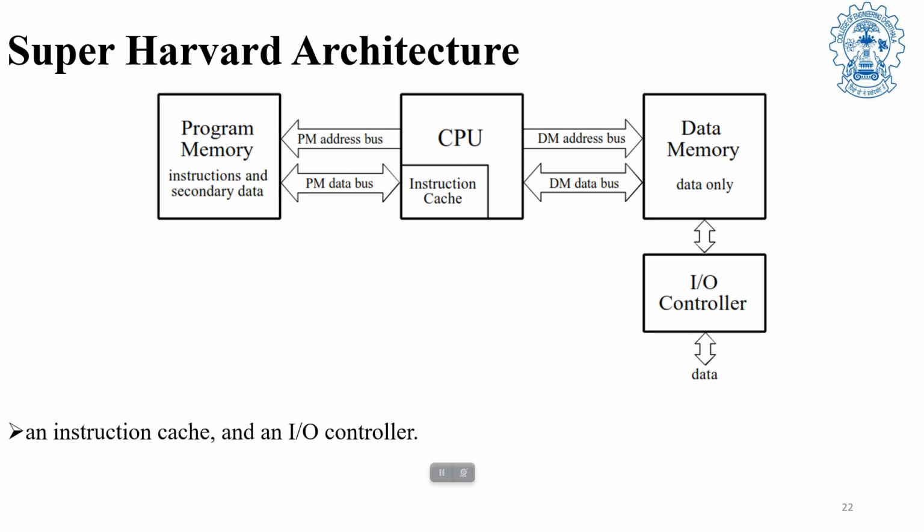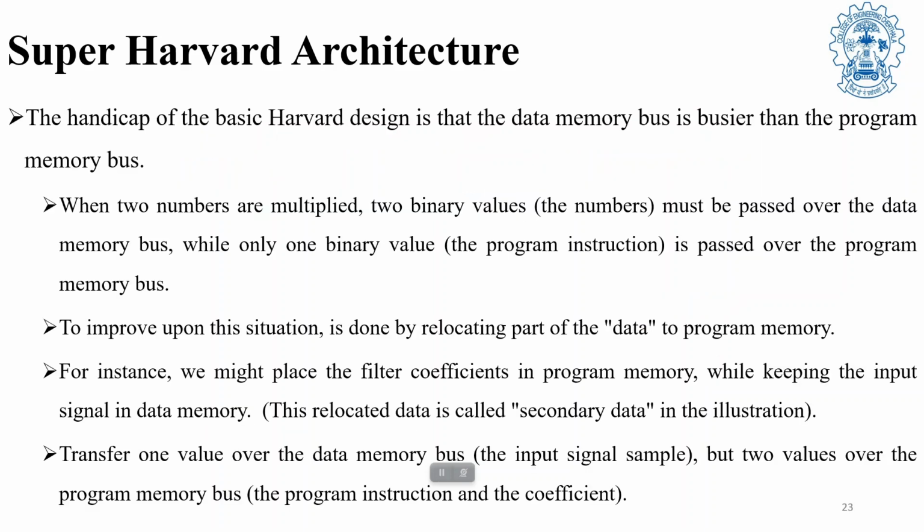So a single clock cycle is required to operate one instruction, whereas in Harvard and von Neumann architecture, it requires two clock cycles and three clock cycles respectively. These are what I have explained.